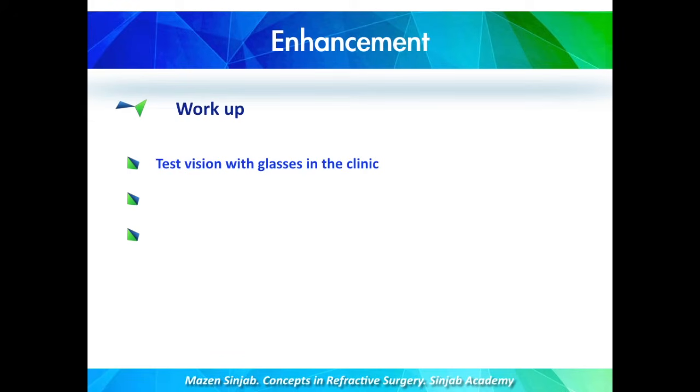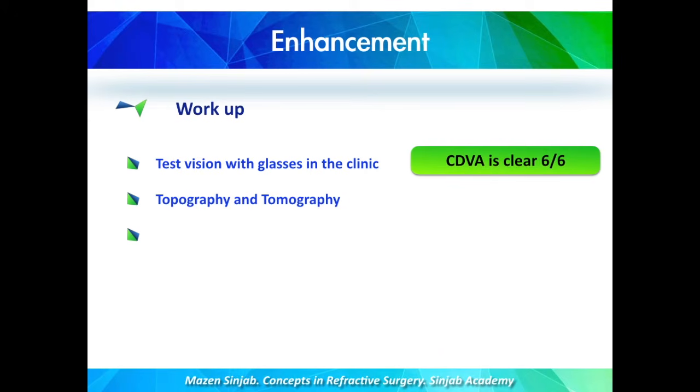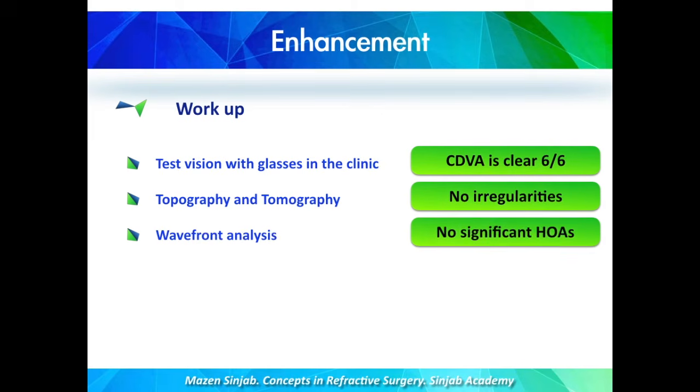Whenever the patient comes to our clinic and we test his uncorrected and best corrected visual acuity in addition to his manifest refraction, we put the glasses on his eyes and then we ask him, are you happy with these glasses? If the patient can see 6/6 clearly and the tomography and topography do not show any irregularities and the wavefront analysis does not show any significant high-order aberrations, in this case, we have to go for optimized.